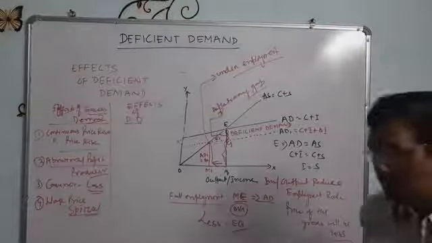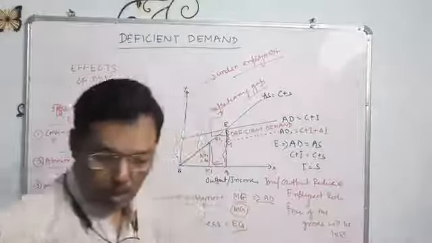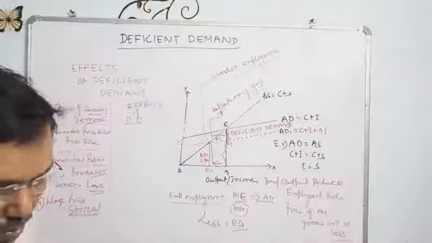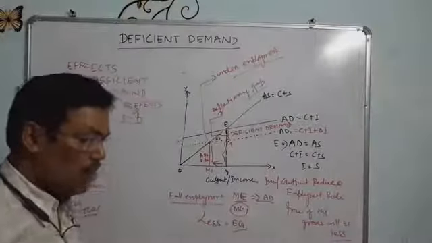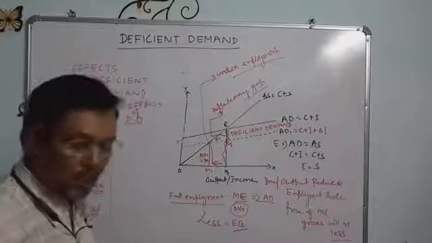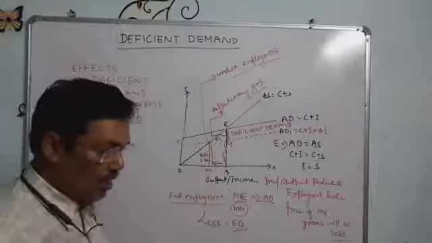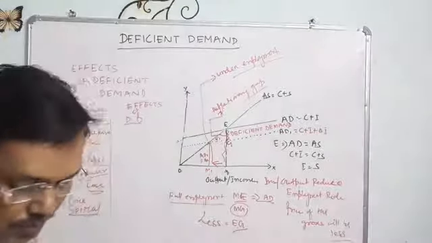As you all know, there are trade unions, so they will demand in front of the unions that they are unable to survive, so that the DA will increase. That means that when prices increase, they will demand to increase their wages and salaries.